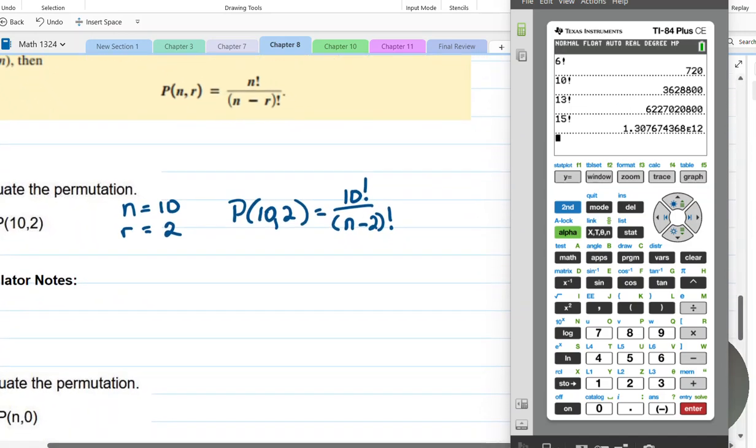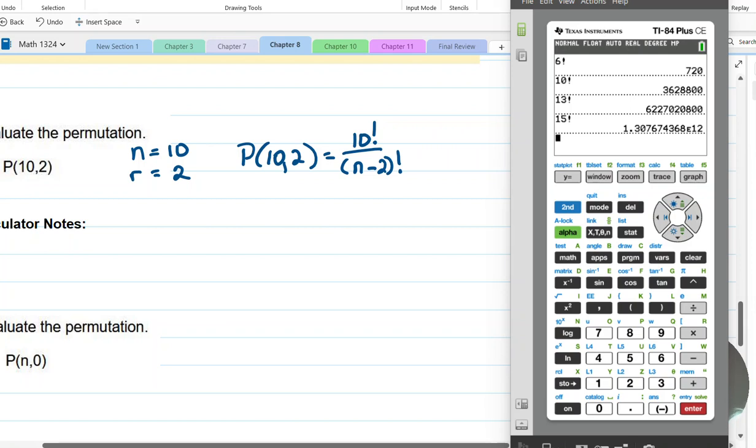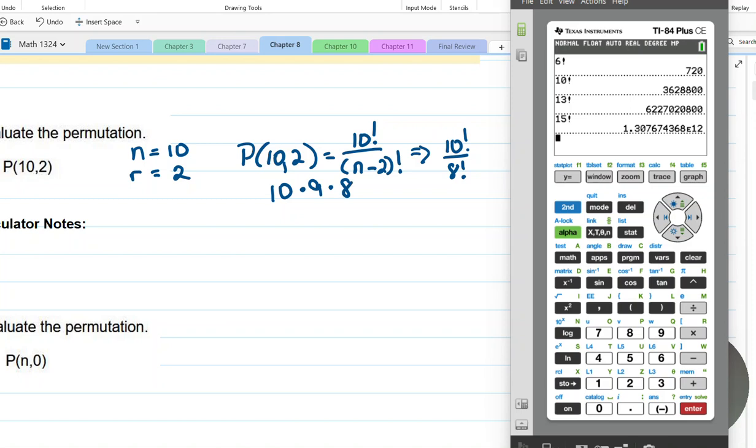Now, what I'm going to do next is how I did it going to school. We know that this is going to be 10 factorial over 8 factorial. So I'm going to put 10 times 9 times 8 factorial over 8 factorial. Well, now I can see that those cancel. And then I have how many? Yeah, buddy, I got 90 ways of organizing two.